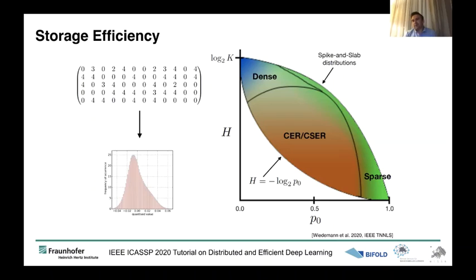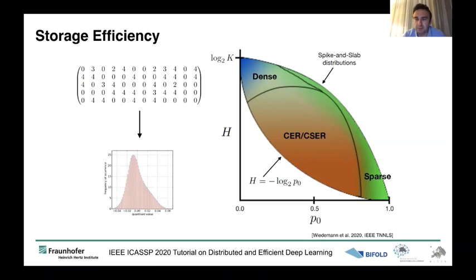And you see that if the matrix is very sparse, if there are a lot of 0 values, then the sparse format is the most optimal one. If the sparsity level is quite low, but the entropy is quite high, then the dense format is appropriate, because you don't have so much weight sharing.